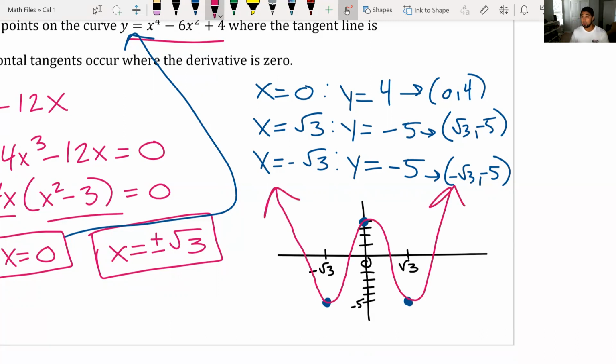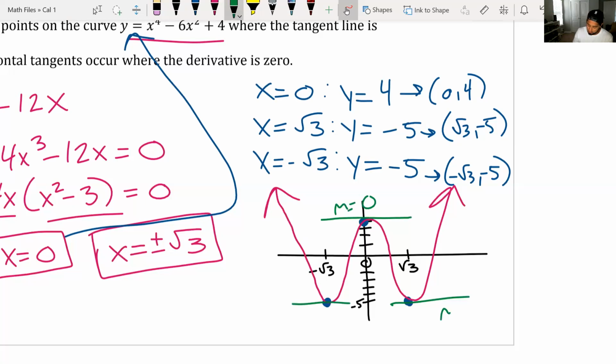Okay, so what we're saying is that at these points, a horizontal tangent line comes in, shares that point, and takes off. So this means I should have a horizontal tangent line here, here, and here, where these horizontal tangent lines have a slope of 0.